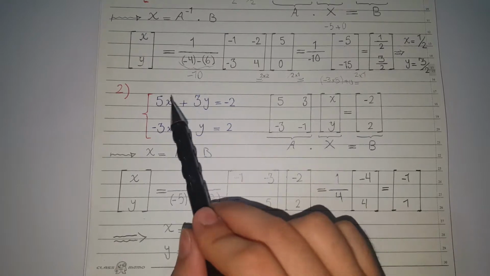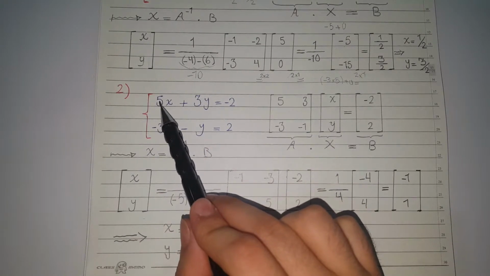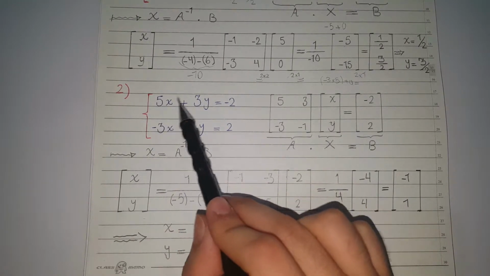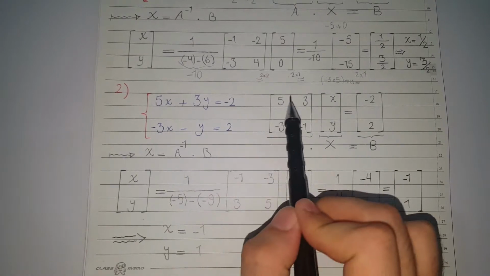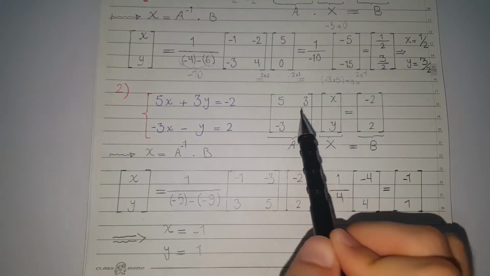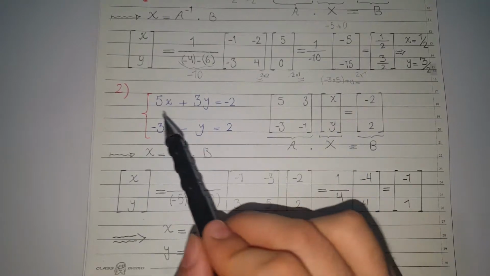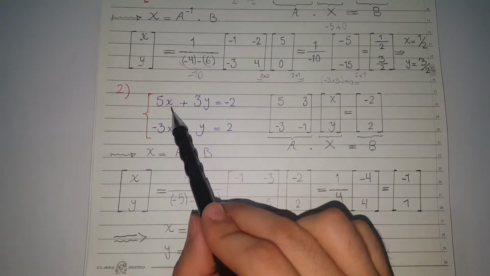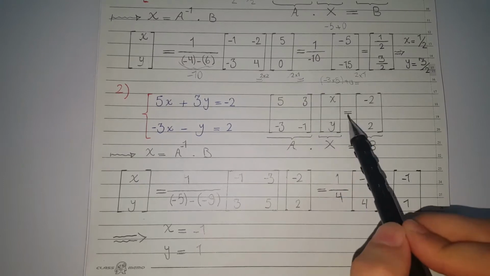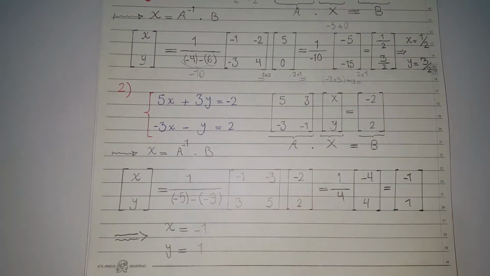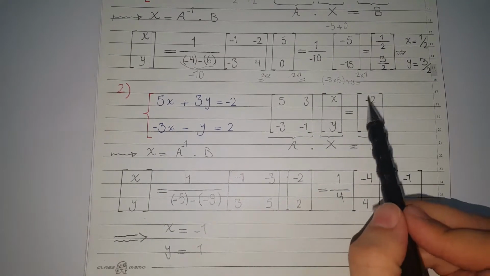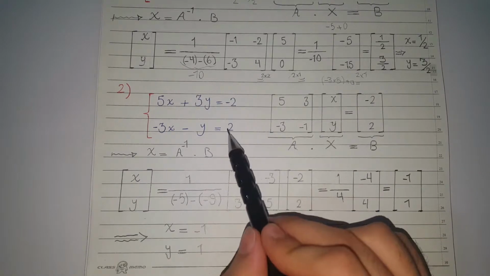We have the matrix of coefficients, 5, 3, -3, and -1, which is the matrix A, the vertical matrix of unknowns, x and y, and the vertical matrix of constants, -2 and 2.